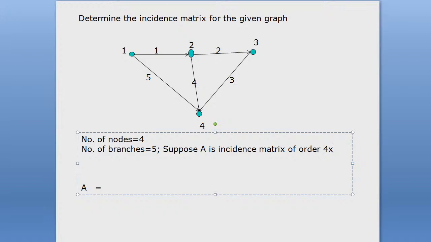Therefore how many elements will you get? 4 into 5, 20 elements.